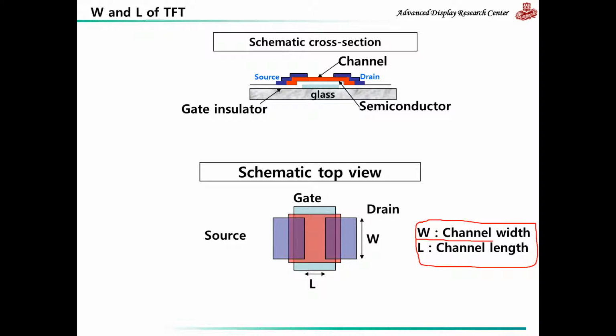We have the channel width, which is represented by W, and we also have the channel length, which is denoted by L. Now, how do we measure the channel length? The channel length is simply the distance between the source and drain electrodes, and the channel width is the width of the source drain metal in the direction orthogonal to the channel length.